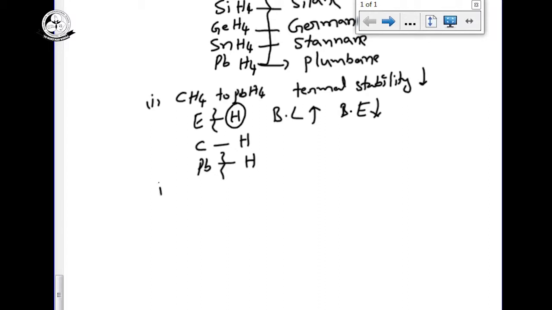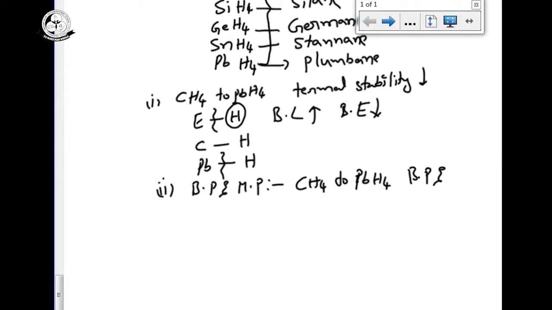Boiling points and melting points. Especially we have to discuss boiling points and melting points of these hydrides. Generally top to bottom, from methane to PbH4, as atomic number increases, atomic size increases, and boiling points and melting points also increase. The reason is the increase in molecular mass.